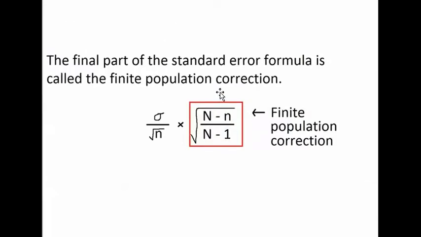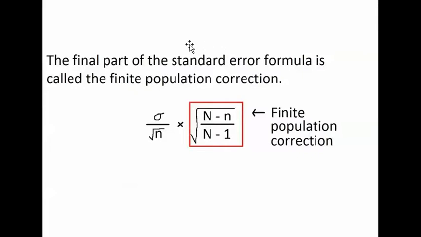Now I want to discuss this last part of the standard error formula. It actually has a name. It's called the finite population correction. And it turns out that this part of the formula actually only has to be used when the population size and the sample size are close to each other.